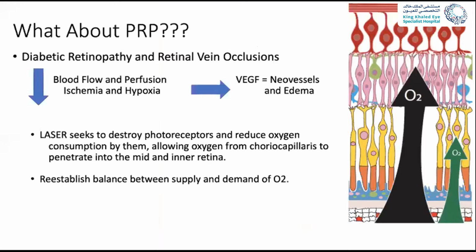Wait a second, but what about panretinal photocoagulation? Well, if we think about the mechanism of action of panretinal photocoagulation, and knowing that we have a reduction in blood flow and hypoxia that leads to increased levels of VEGF in the retina and vitreous, and that the objective of laser treatment is to precisely destroy the photoreceptors and to reduce oxygen consumption by the photoreceptors so that the oxygen from the choriocapillaris can penetrate into the mid and inner retinal layers.